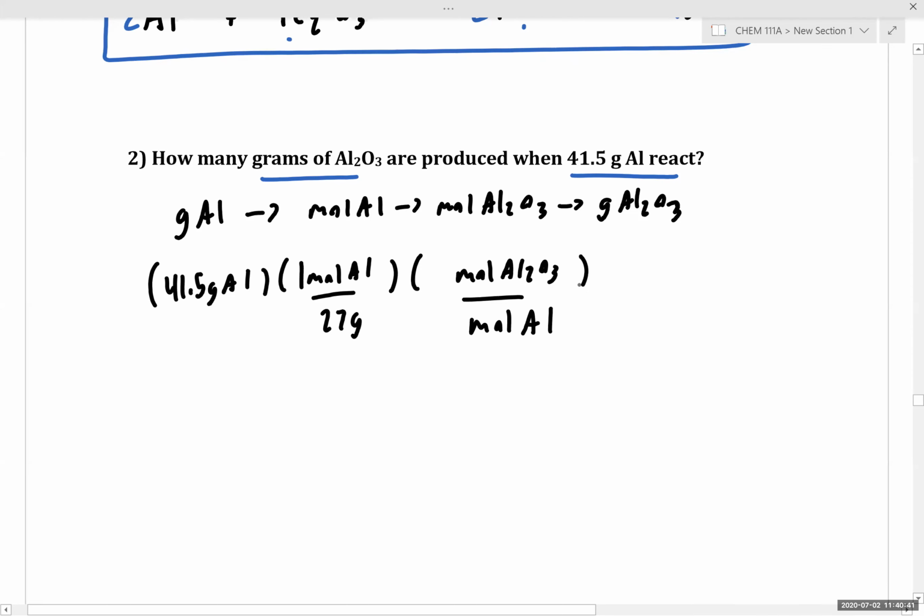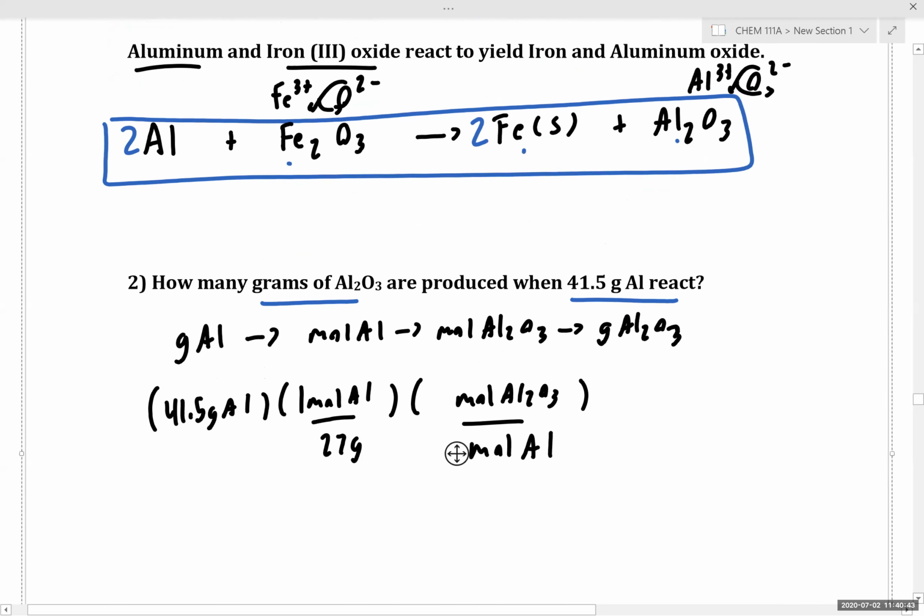What's our mole to mole ratio of aluminum oxide to aluminum? It's 1 to 2, exactly right.